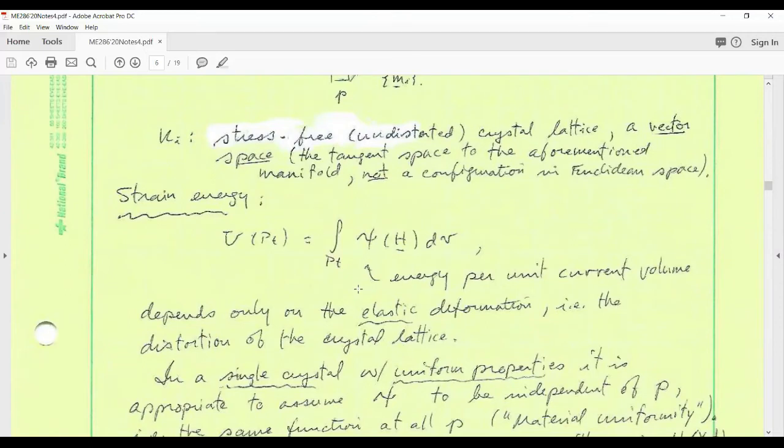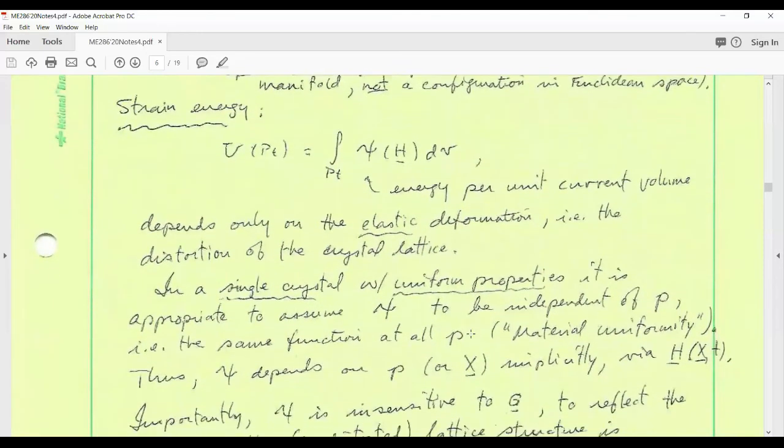And this energy then tells us the elastic properties of the material. To encode the idea that the elastic properties should be insensitive to plastic deformation, just like the Young's modulus is in the uniaxial tension test, we should take that energy per unit current volume to be a function only of H, the elastic deformation.